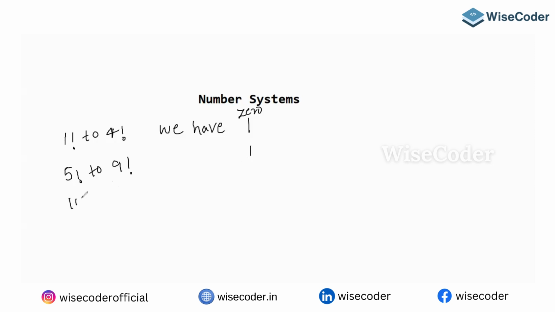But 10 factorial to 14 factorial, how many zeros do we have? 2. 15 factorial, because 15 by 5 you will get 3. Yes or no?